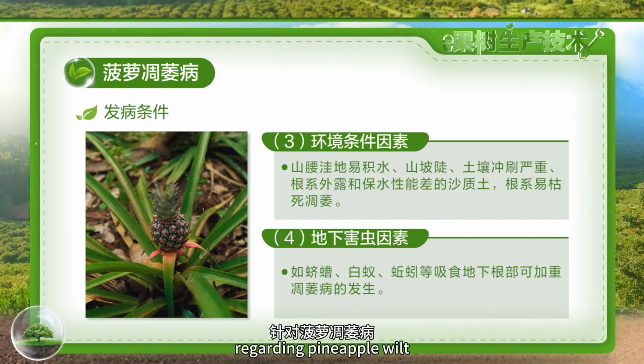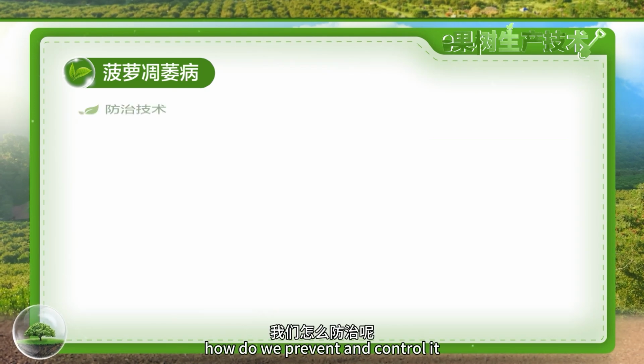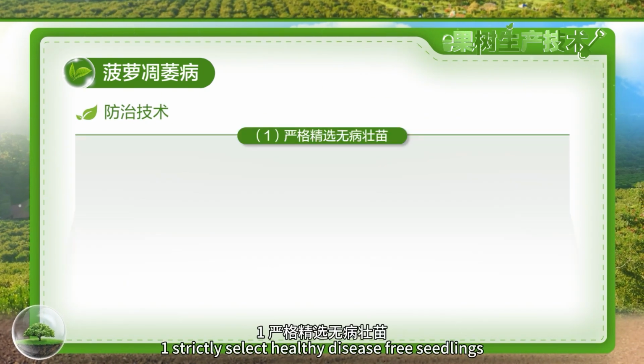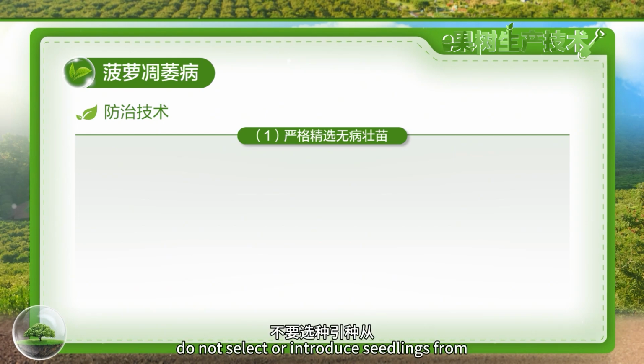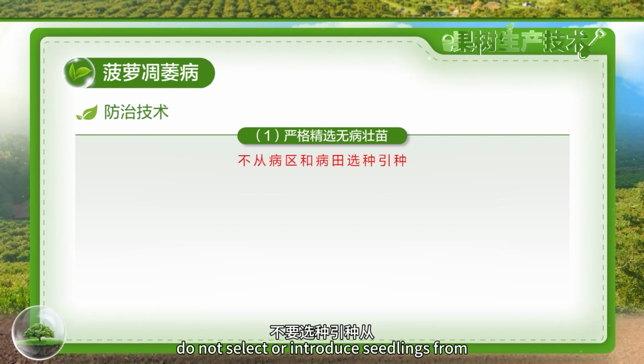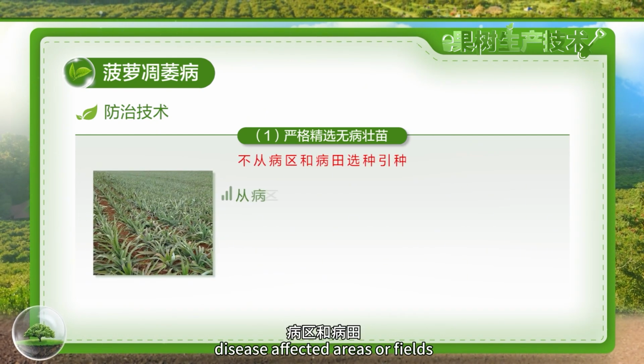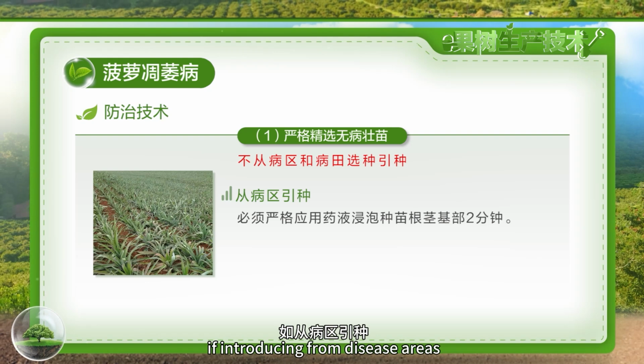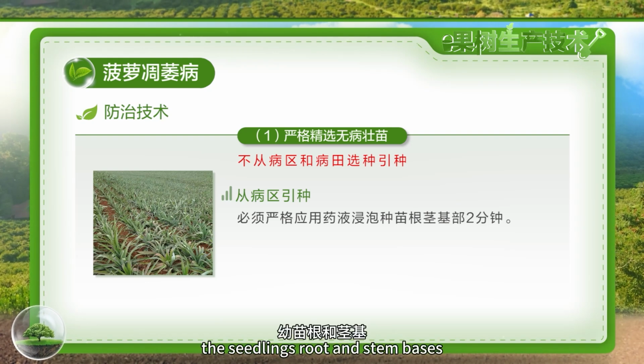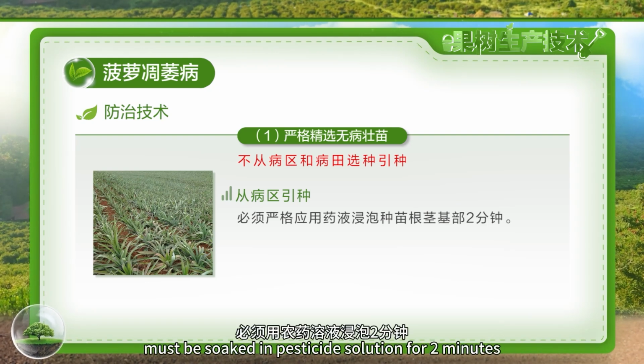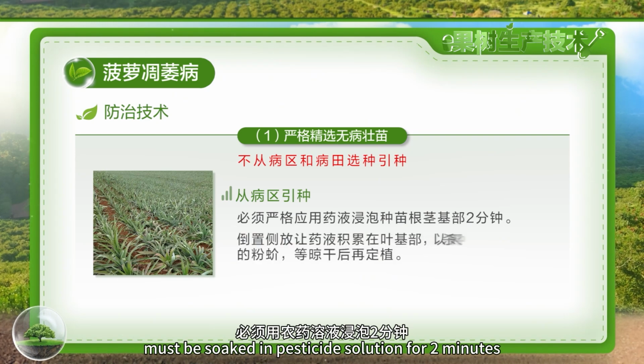Regarding pineapple wilt, how do we prevent and control it? 1. Strictly select healthy disease-free seedlings. Do not select or introduce seedlings from disease-affected areas or fields. If introducing from disease areas, the seedling's root and stem bases must be soaked in pesticide solution for 2 minutes.